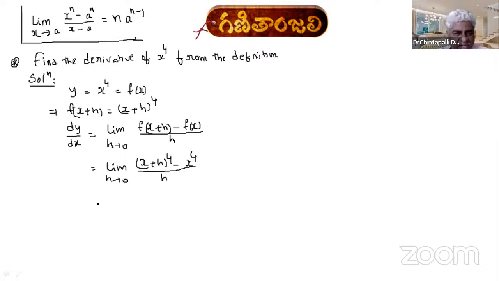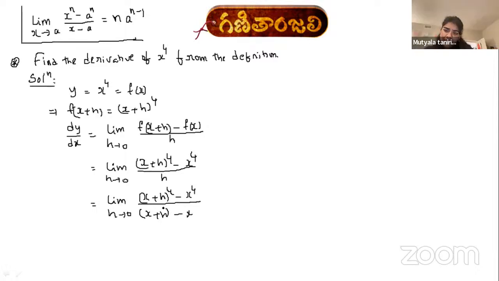You know, this h can be written as x plus h minus x. Do you agree? What is the value of x plus h minus x? h. This h can be written like this.